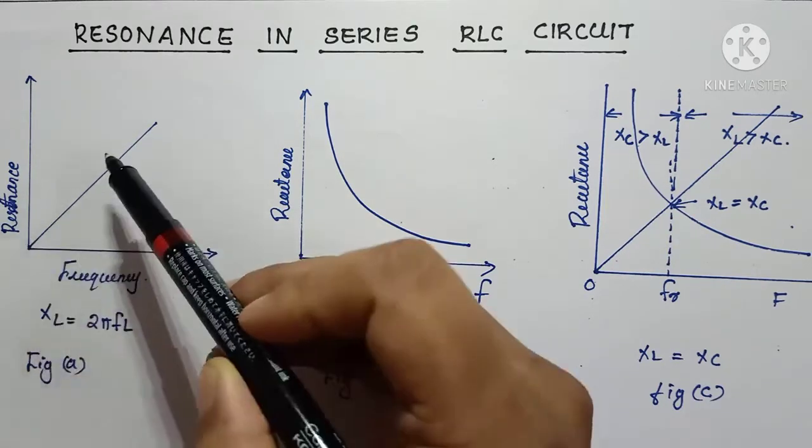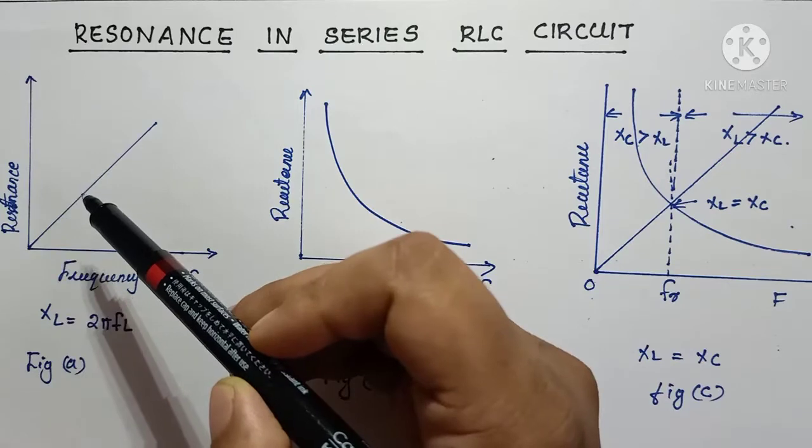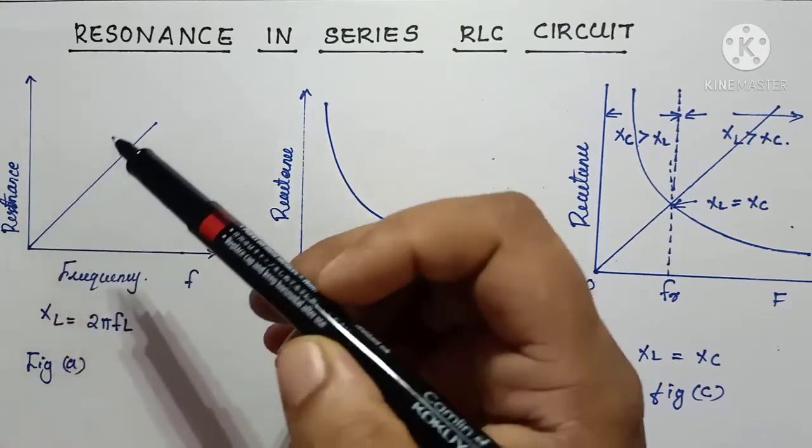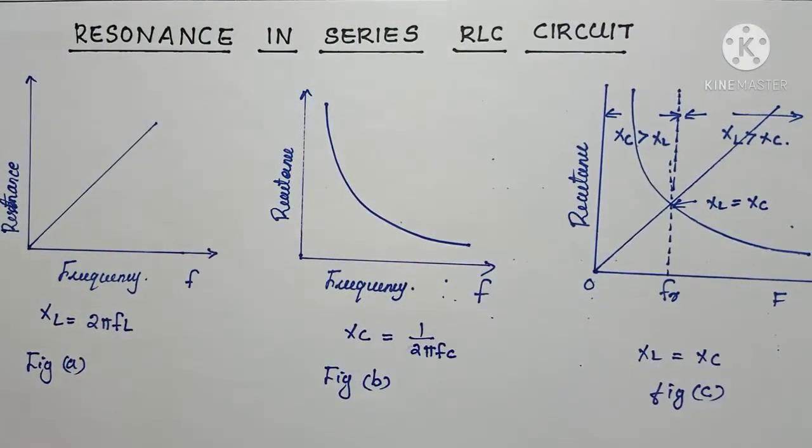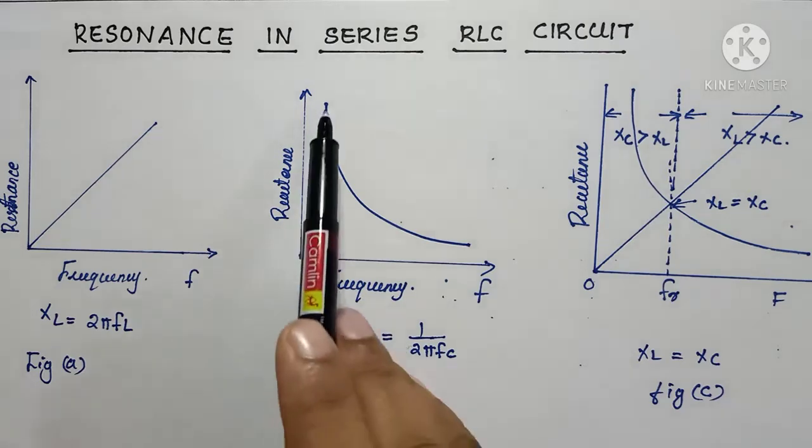If frequency increases, reactance will increase. In figure B, you can see the relationship between capacitive reactance and frequency. Here the capacitive reactance and the frequency are inversely proportional to each other. If the reactance is very high, then the frequency will be very low. So the graph is like this.